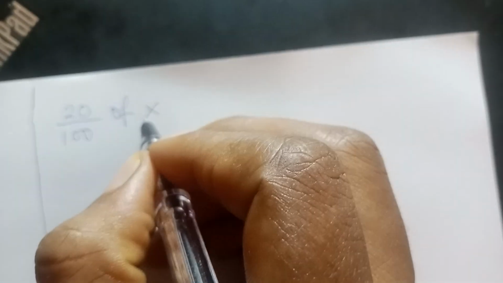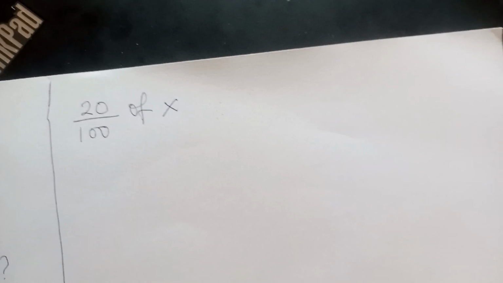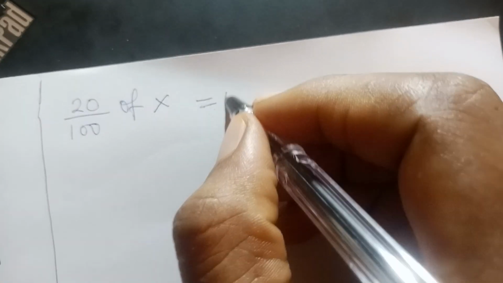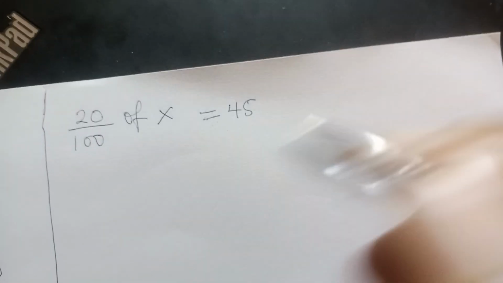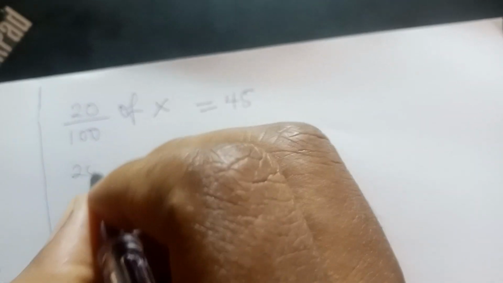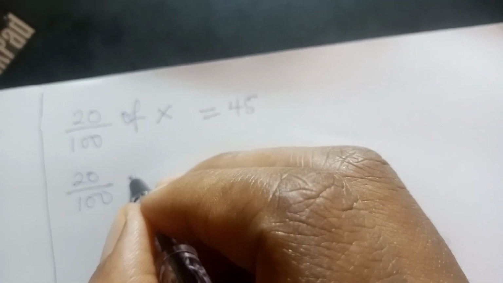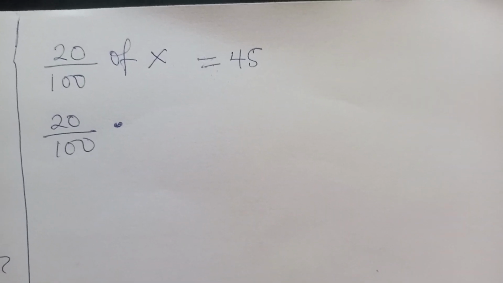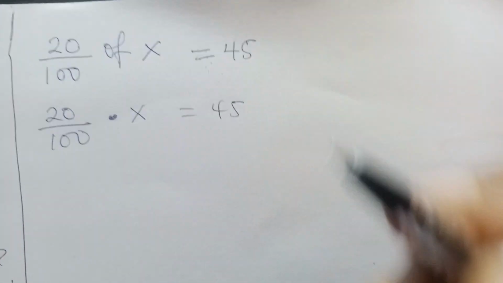Of x is 45. Okay, so this is 20 over 100 dot x, so 20% of x equals 45.